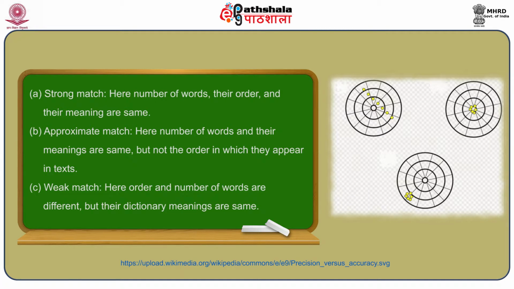Then we come across the situations of weak match, where the order and number of words are different, but the dictionary meanings are the same. So these kinds of variations are also available after analysis. While analyzing a parallel translation corpus, we have to keep in mind that these kinds of possible outputs may be generated from it. So one has to be careful in collecting those matches properly after the analysis.